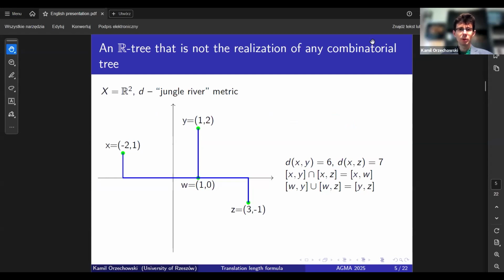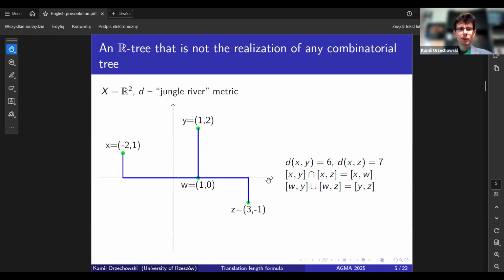It is even not homeomorphic to any such realization. Here we have the plane, and the metric is so-called Jungle River metric. I think it is clear. We teach it to students. The x-axis is our river, and we have 4 points marked, and one can check that the 3 defining conditions are satisfied.